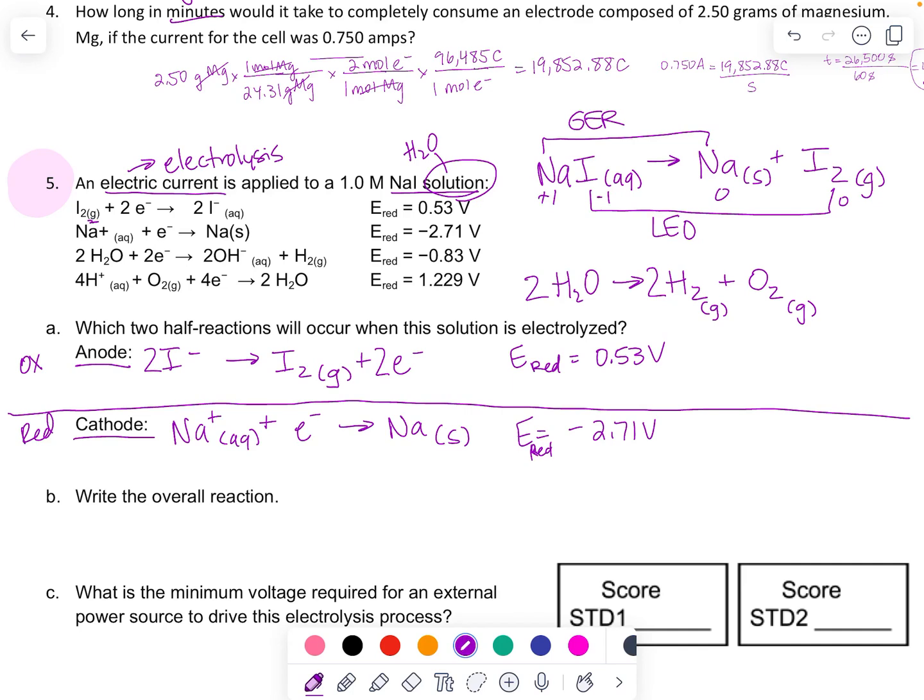And there will be a competition between the iodine at the oxidation end and the sodium at the reduction end with the water, because water can be oxidized and reduced. Okay, so when I'm looking at these reactions, hydrogen in this case is going from a +1 to 0. So that means it's gaining electrons. So reduction is when I'm making hydrogen.